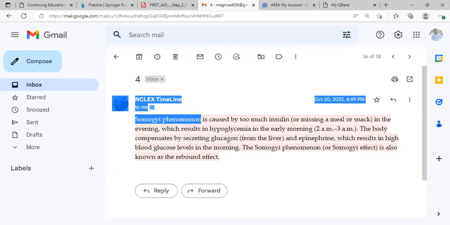The Somogyi phenomenon is also known as the rebound effect, right? So if the NCLEX board asks what the Somogyi phenomenon is, it is hypoglycemia because of too much insulin or a missed meal or snack. What next?